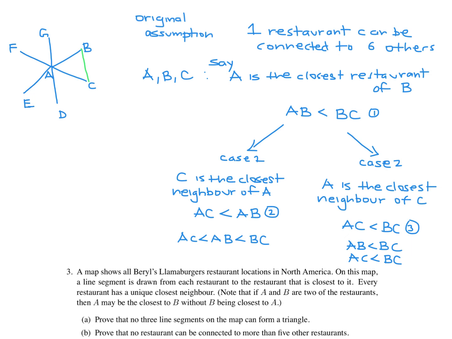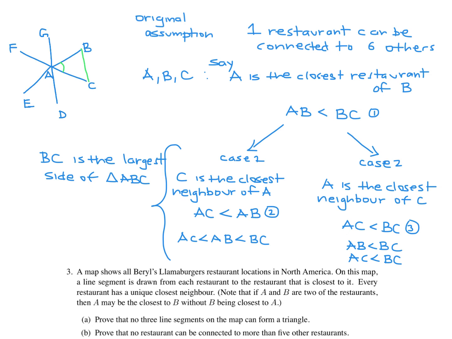Now notice in both of those cases, right, BC is the largest side in both of them. Whether you're in case 1, it ends up as the biggest, or in case 2, it ends up as the biggest. So BC is the largest side of the triangle ABC in both scenarios. And therefore, the angle that's opposite will be the largest. And in this case, that angle is right here. Angle opposite of BC is right here.